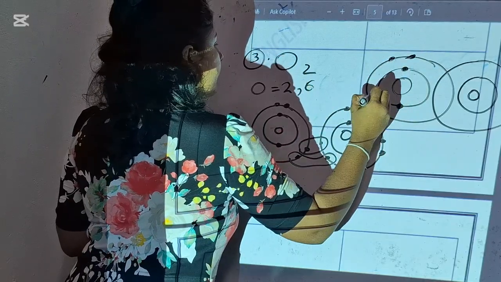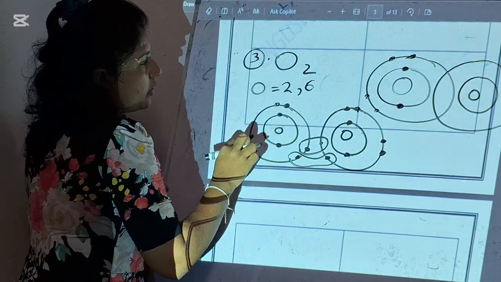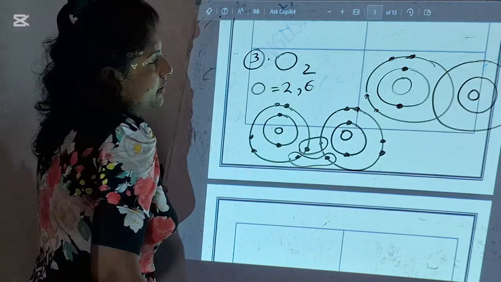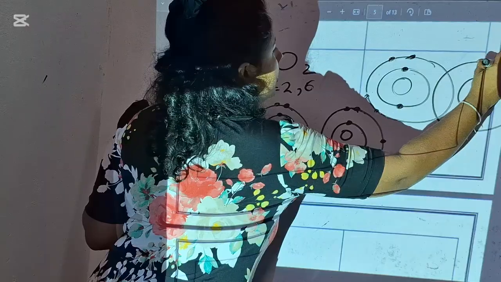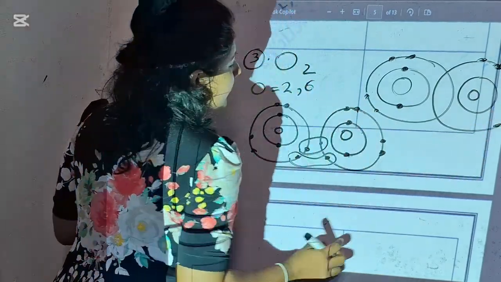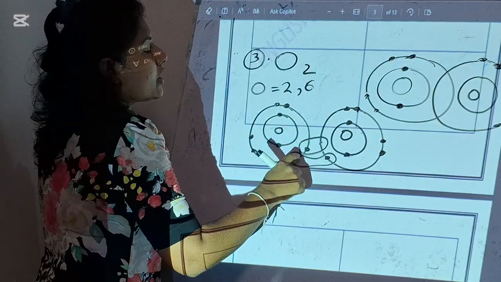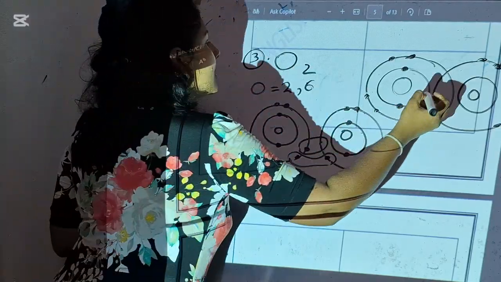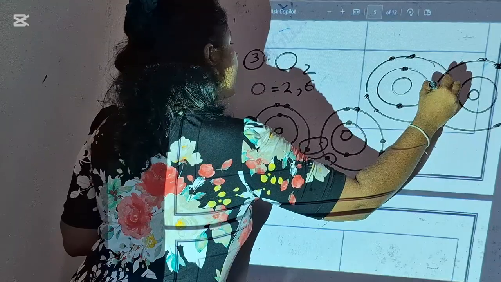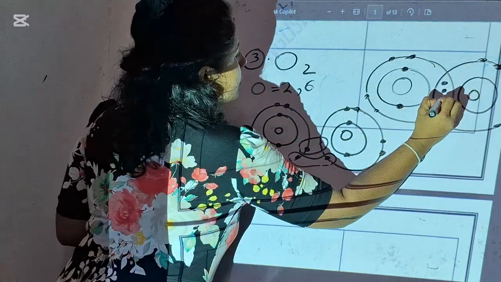Last shell, these 4 electrons 1 2 3 4, and on this side also 1 2 3 4. Look at this one: how many electrons are there? 1 2 3 4 in the bond. There are 2 bonds. It contains 4 electrons. This bond 2 and the next bond 2.